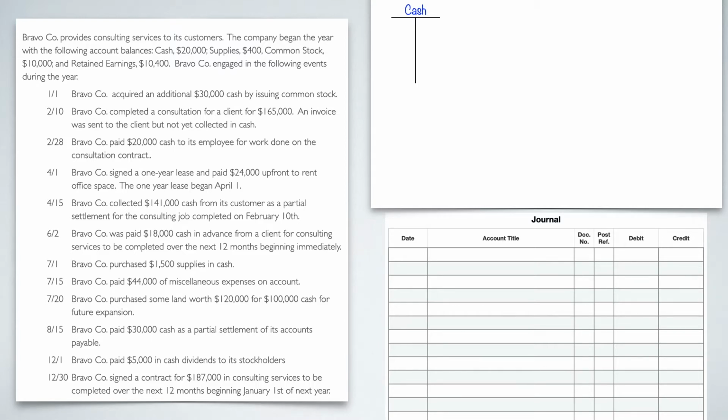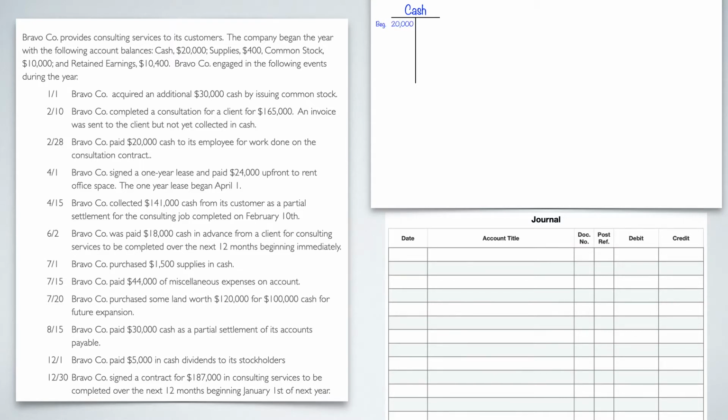The size of your T-table may want to be a little bit bigger. But the cash T-table is an asset T-table, so it follows the plus minus on the debits and credits. So our debit is plus, and remember, all of our balances should go on the normal side. The normal side of a T-table is the plus side.